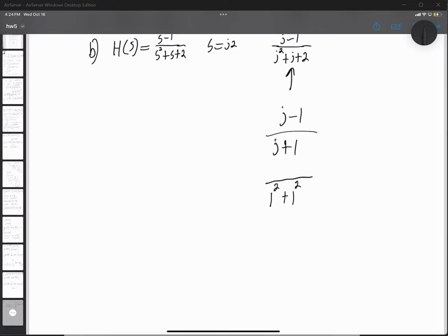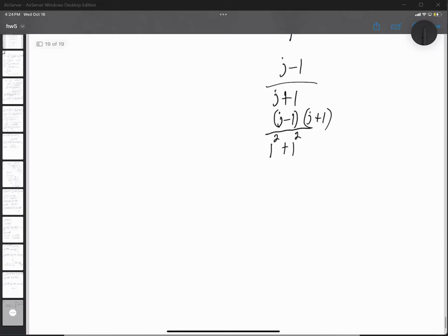That'll give us enough to fix the top the way we want it. It's going to be j squared minus j. Then we'll get plus j minus 1.